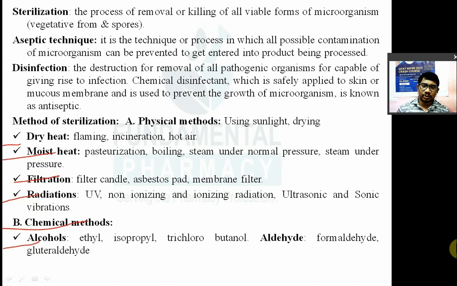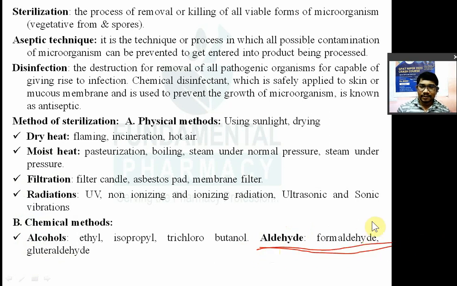trichlorobutanol, aldehydes like formaldehyde and glutaraldehyde. Aldehyde भी है, जैसे ऑपरेशन थिएटर में क्या होता है? Before any surgical operation, that theatre must be sterilized, for that they are using formalin. They sterilize the whole operation theatre, और बहुत बैड स्मेल आता है because of that sterilization.